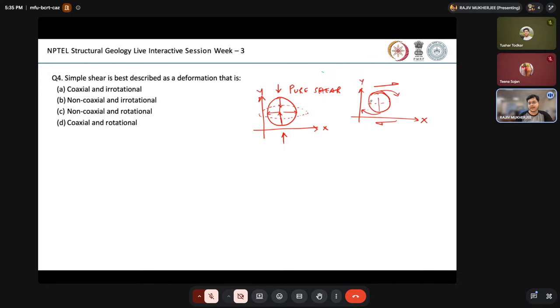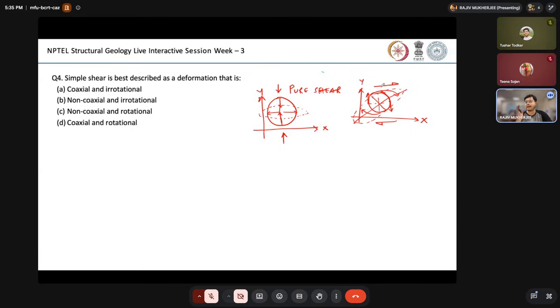Similarly, this line will rotate in this direction, this end will rotate in this direction. So eventually we will get an ellipse like this, right? So in this case, the lines have already been rotated. So they are not maintaining their axiality.